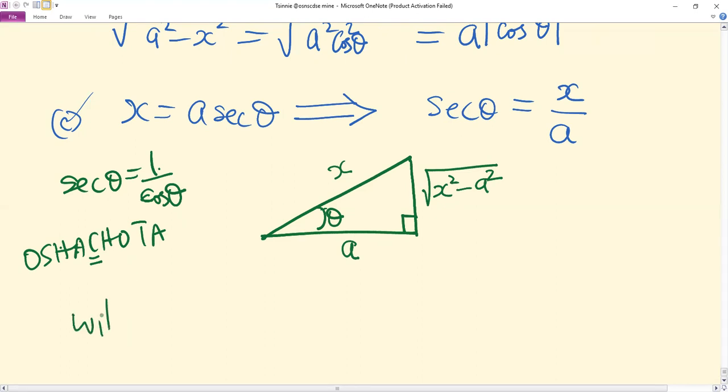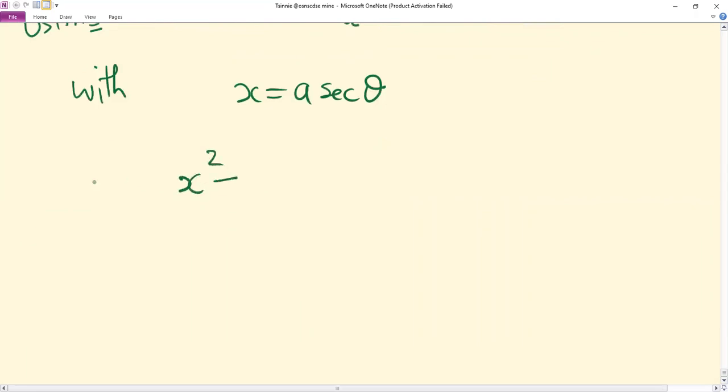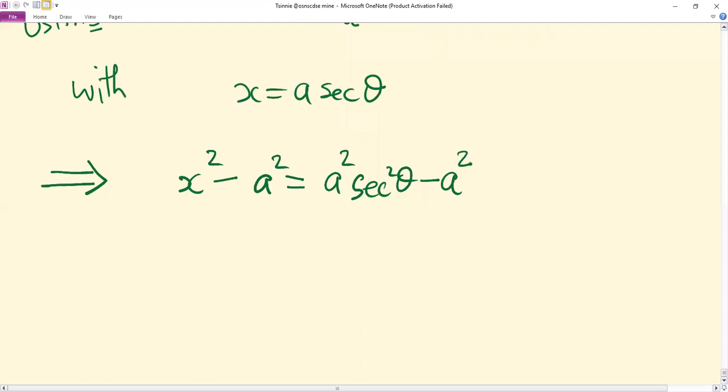So with x equals a sec theta, it implies that x squared minus a squared is given by a squared sec squared theta minus a squared, which you can write as a squared times sec squared theta minus 1.